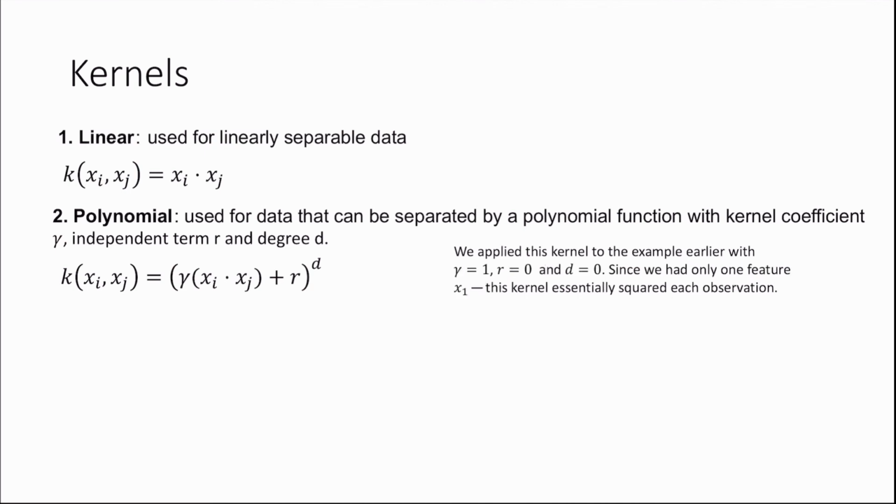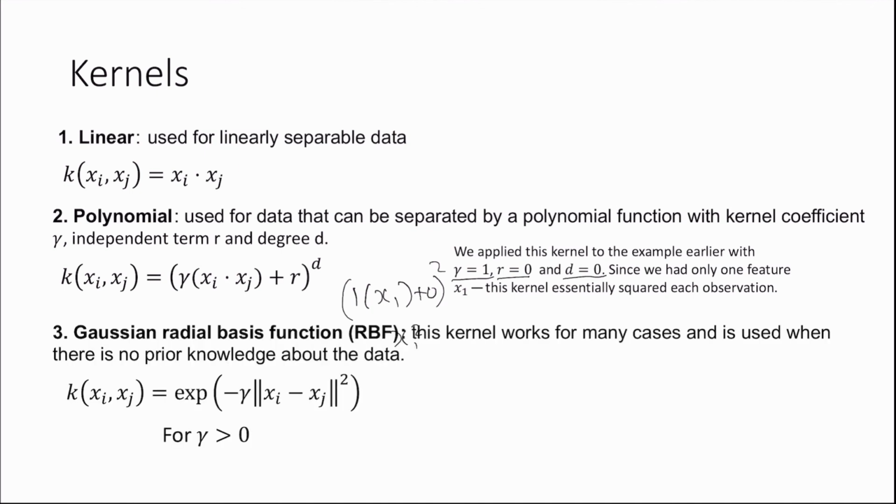We applied this kernel to the example earlier with gamma equal to 1, r equal to 0, and d equal to 2. So applying this kernel with the following conditions, we would get (1 times x1 plus 0) all squared, which is just the same as x1 squared. So we would be creating a new column with each observation squared.